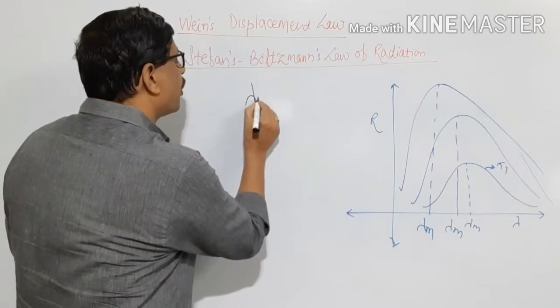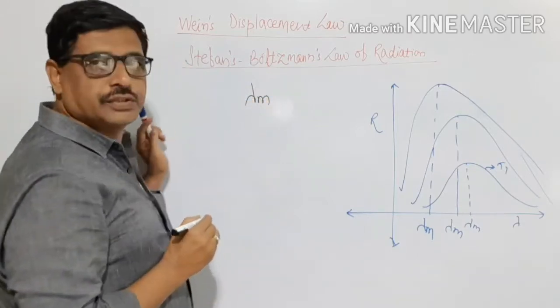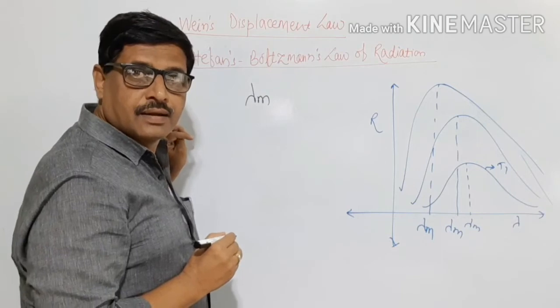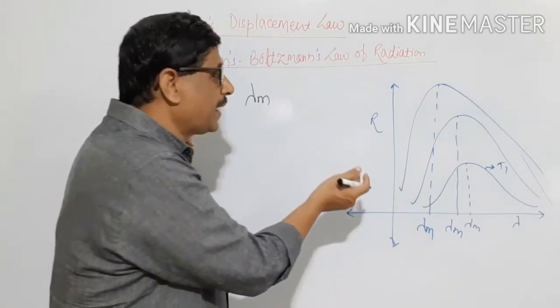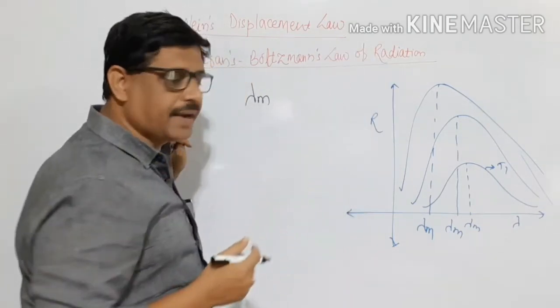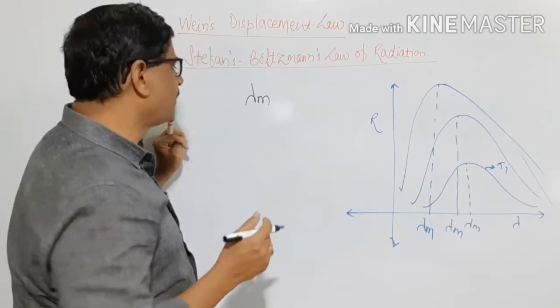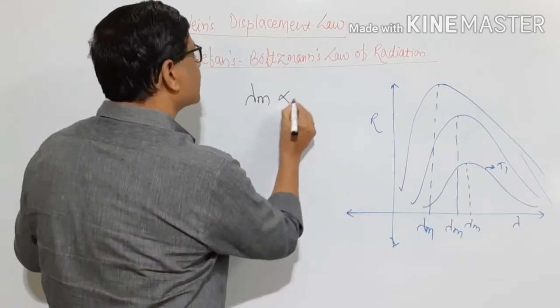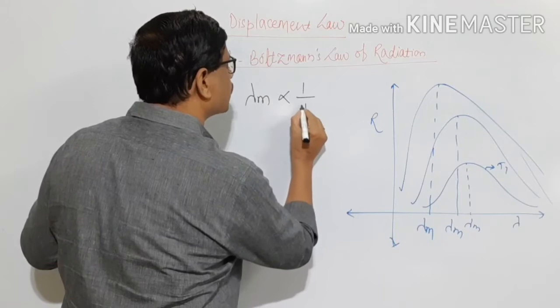This is the wavelength at which the maximum intensity of radiant heat emitted by a black body is inversely proportional to the absolute temperature of that body.